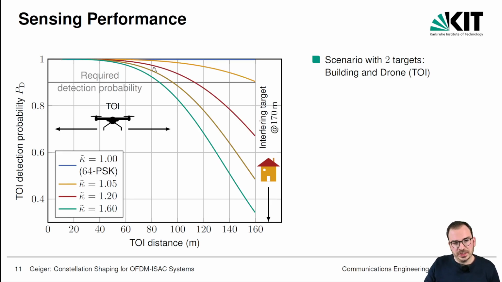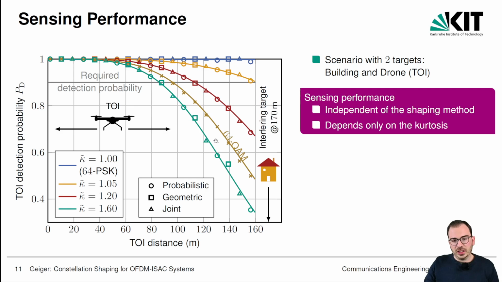And what you can see now here are our analytically derived constellation-dependent detection probabilities. And what we can observe is that when the kurtosis constraint kappa tilde increases, the detection probability decreases.